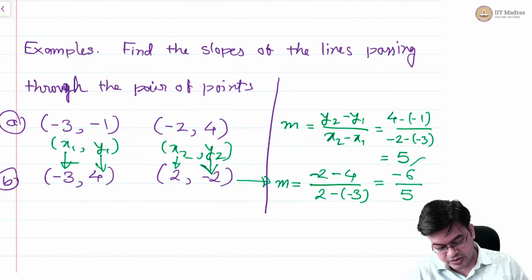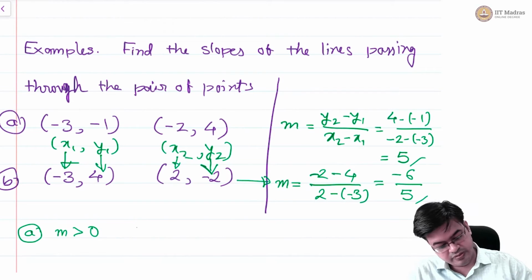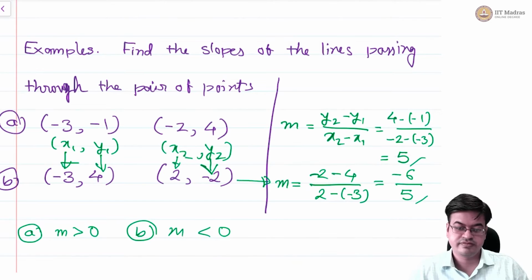These are the slopes. Now you can see in the first example A, my slope M is greater than 0. In B, my slope M is -6 by 5, so it is less than 0.